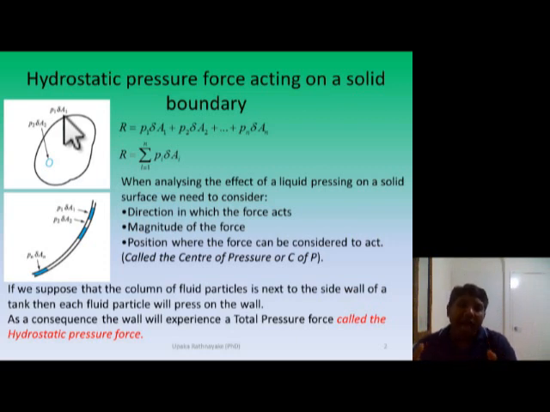So we have to find all these three even in the liquids in order to find the hydrostatic pressure force acting on the submerged surfaces. So we need the magnitude of the hydrostatic pressure force, we need the direction of that resultant force, and we need the point where the force can be considered to act. That is the center of pressure.